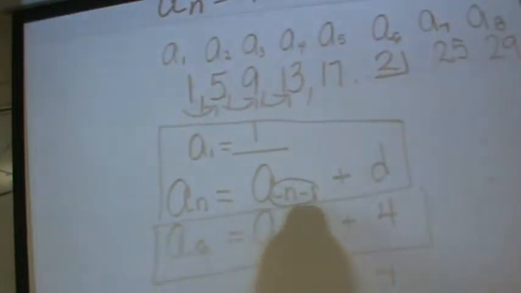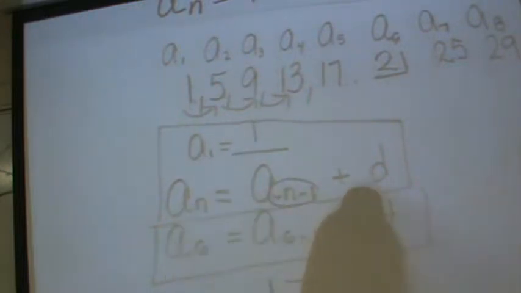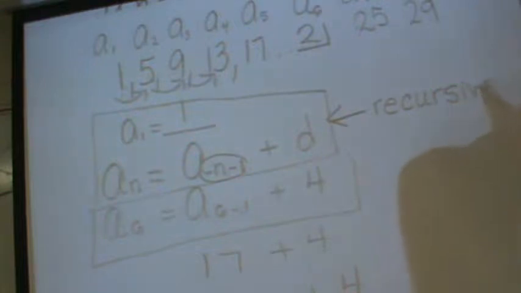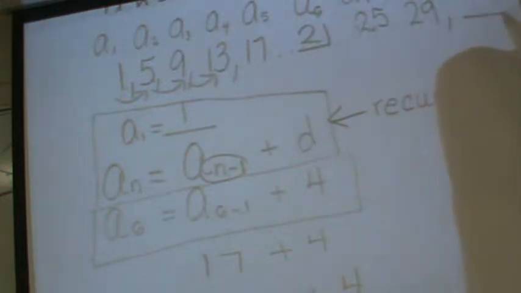But the minute I put this notation here, it threw you off. But that's one of the objectives, you have to know what this means. And you have to know that this is the recursive formula: you're finding the next term in the sequence.